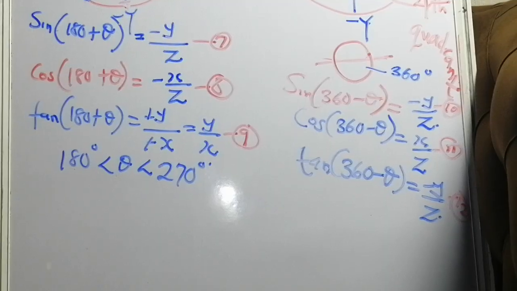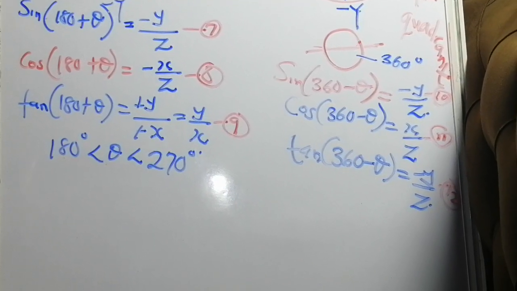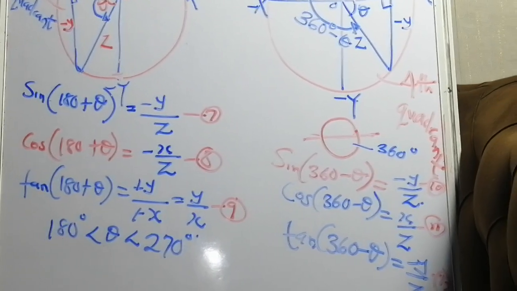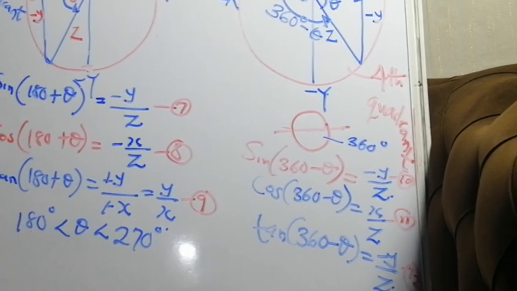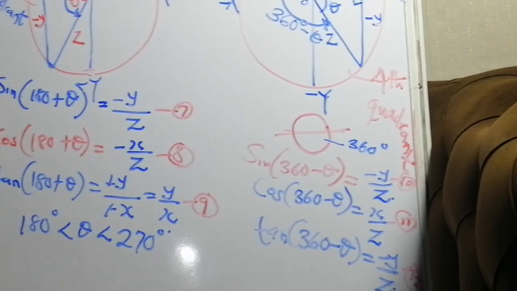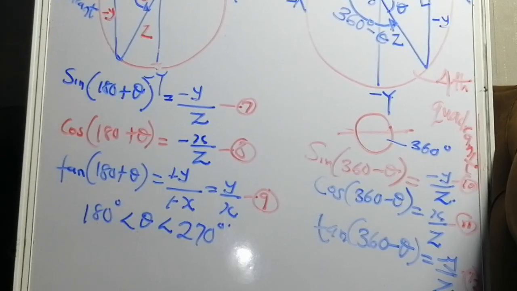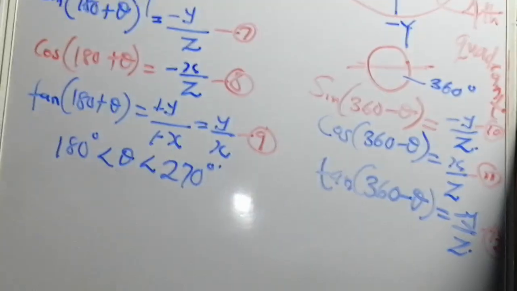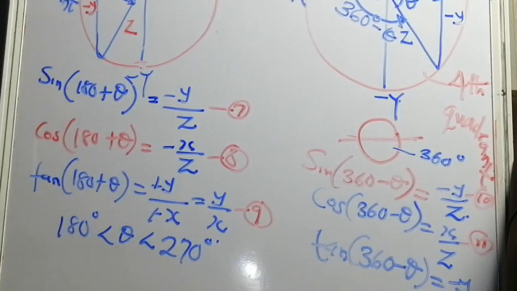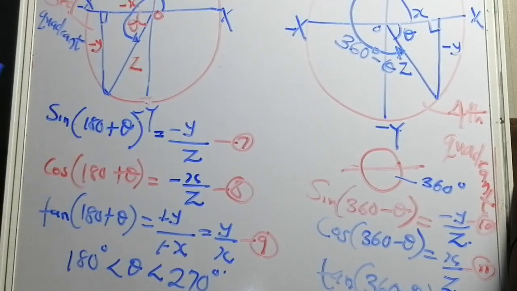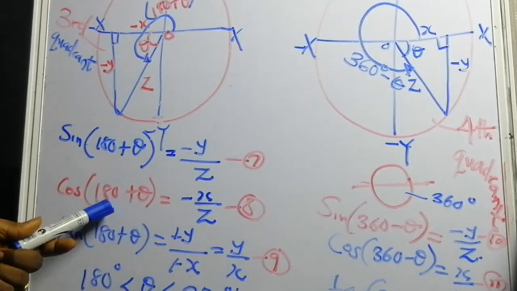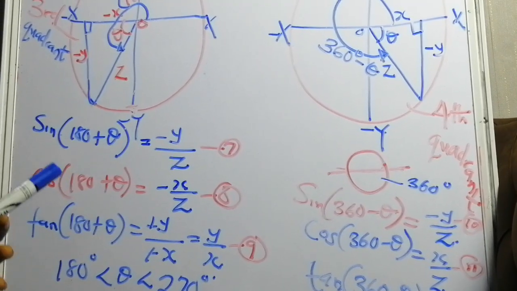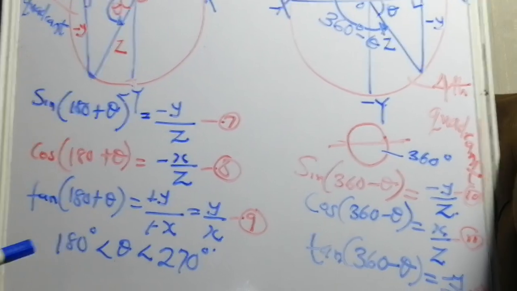So if I'm given an angle that falls in the third quadrant, let's assume we are given an angle of 220.